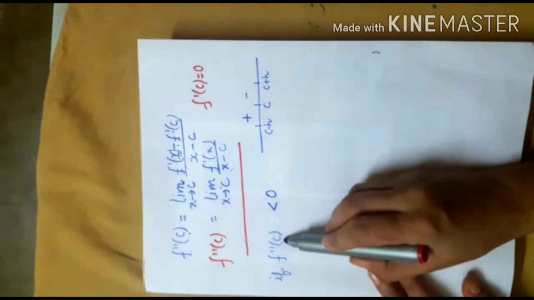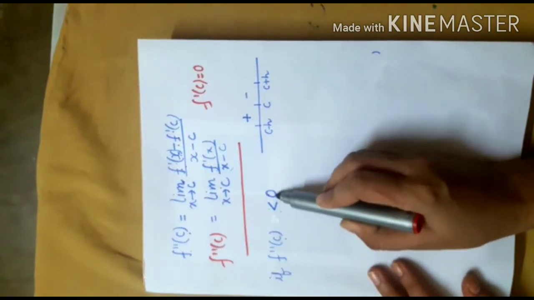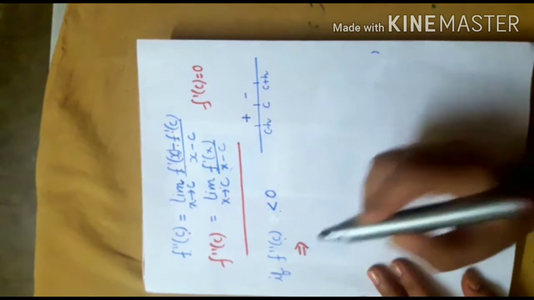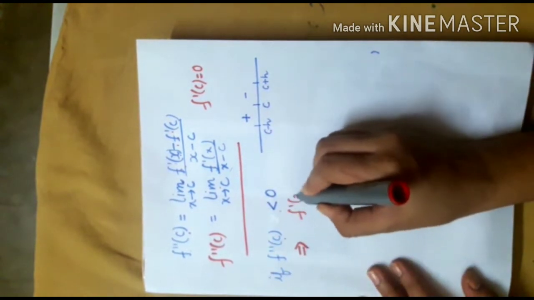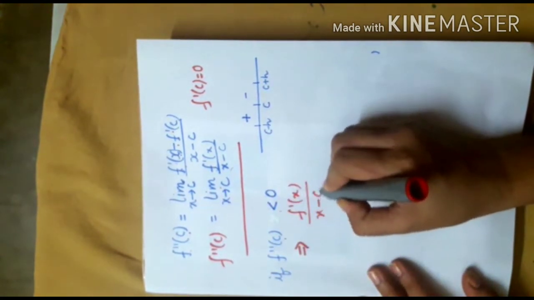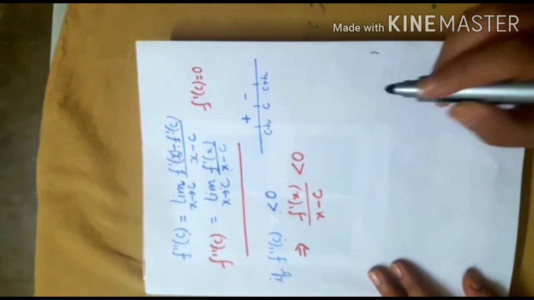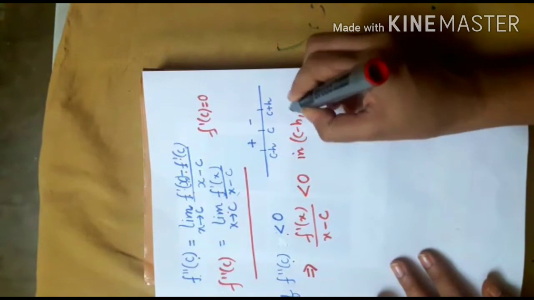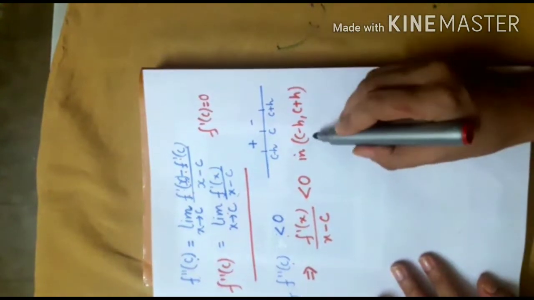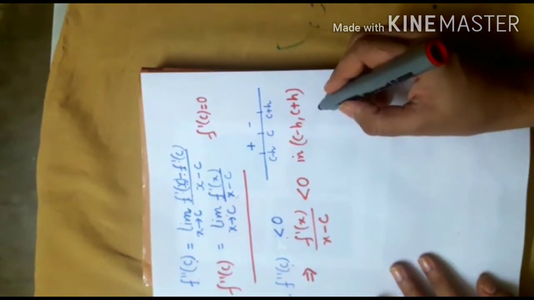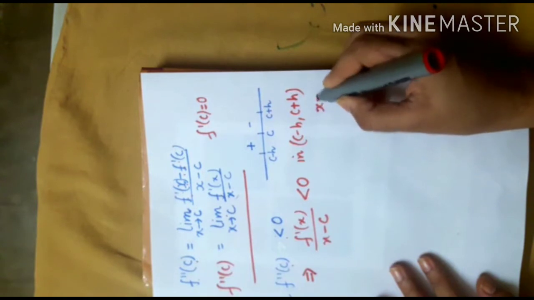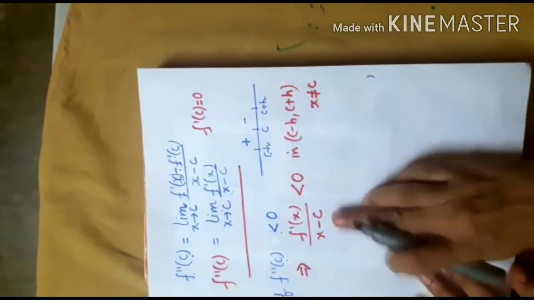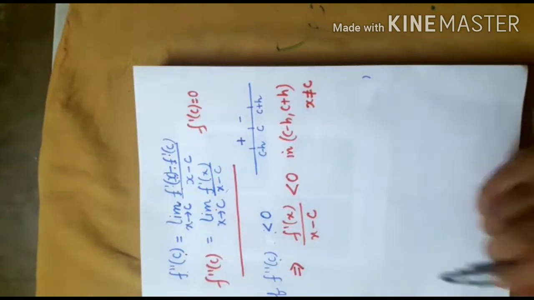Now, if the second order derivative at c is negative, this implies f dash x over x minus c should be less than 0 in some interval c minus h to c plus h, and x should not be equal to c, right? Now look here.